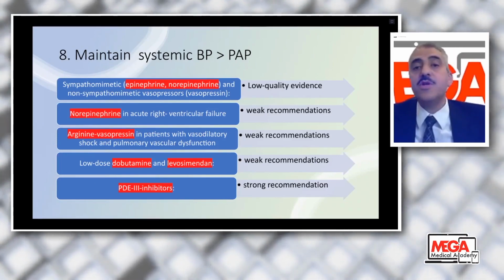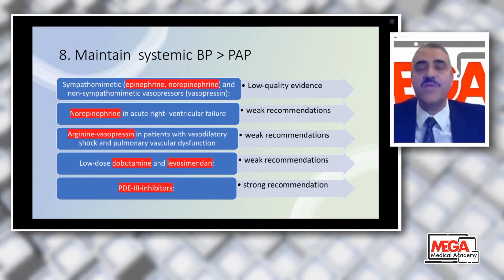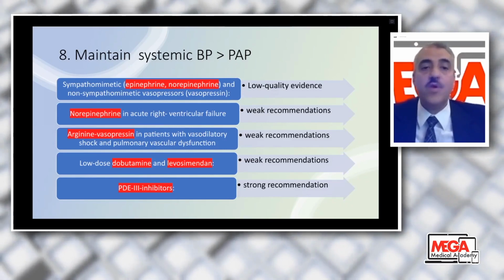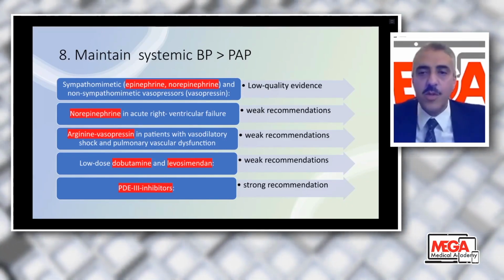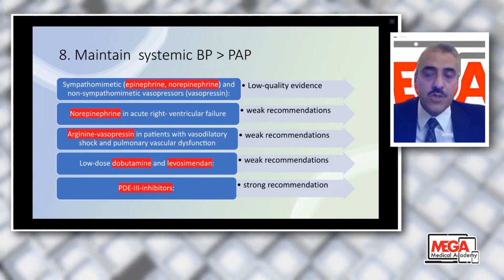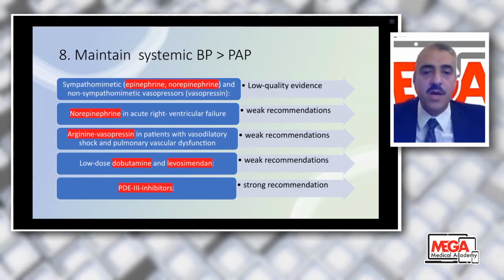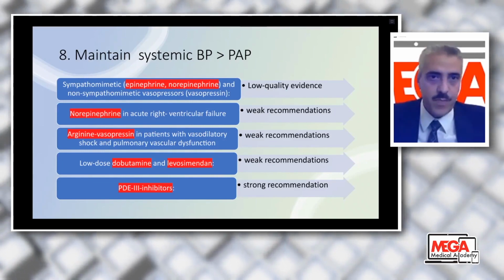Don't allow the systemic blood pressure to fall to 90 or below this, because this will induce right ventricular failure in a rapid way. We can use epinephrine, norepinephrine, vasopressin, levosimendan, or dobutamine, but all these have a weak recommendation. The strong recommendation goes to the phosphodiesterase 3 inhibitors like milrinone or amrinone.